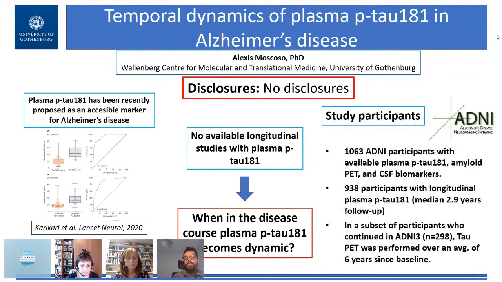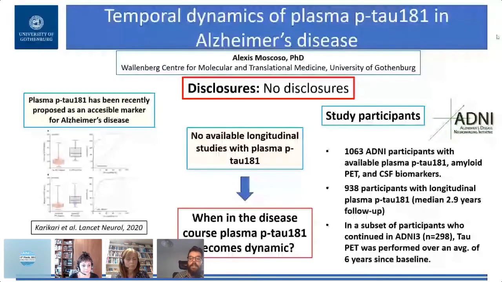So, in order to try to reconstruct the temporal trajectory of plasma phospho-tau in Alzheimer's disease, and determine when it becomes abnormal in relation to other Alzheimer's disease biomarkers, we analyzed data from more than 1,000 ADNI participants with available plasma phospho-tau, amyloid PET, and cerebrospinal fluid biomarkers.